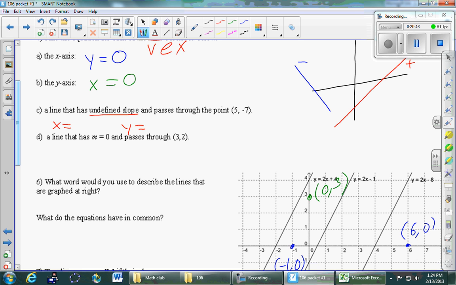Undefined slope. Is it x equals or y equals? It's x equals. And the only other thing we know is that it hits the point 5, -7. How much is x at the point 5, -7? It is 5. At that point, x is 5. At every other point on this vertical line, x must be 5.